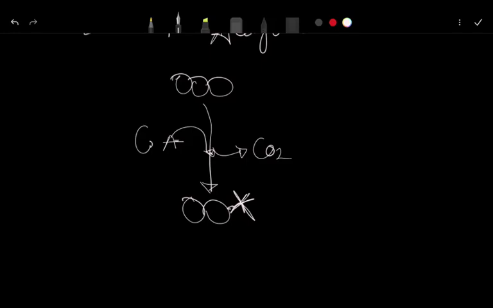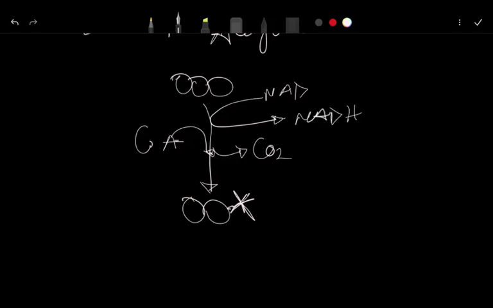Alongside also, there will be formation of energy molecules. So NAD, meaning there will be removal of hydrogen. NAD will enter the pathway and there will be formation of NADH.